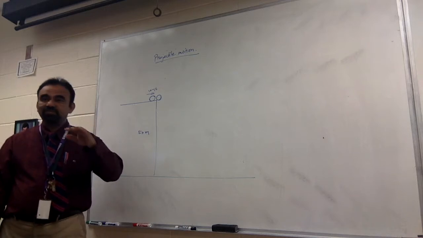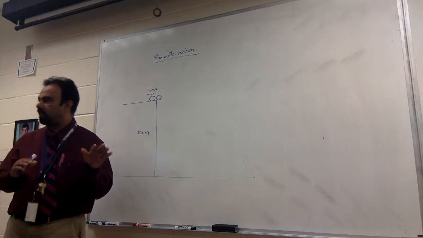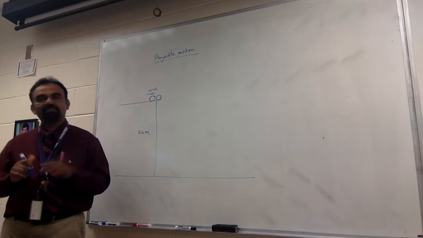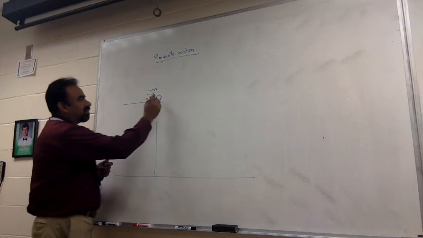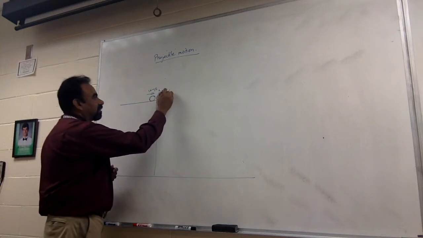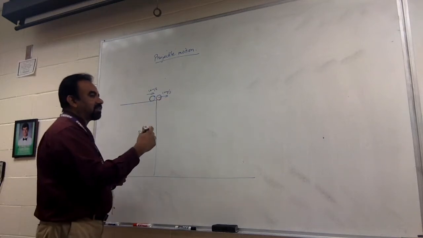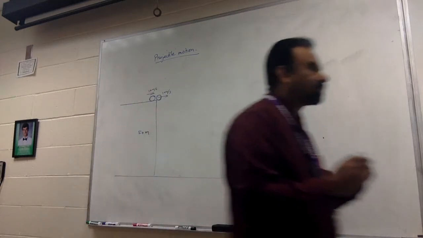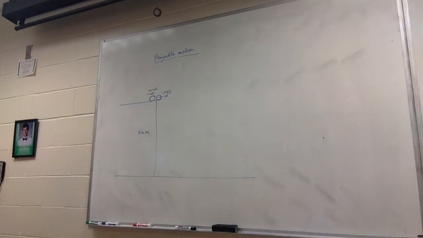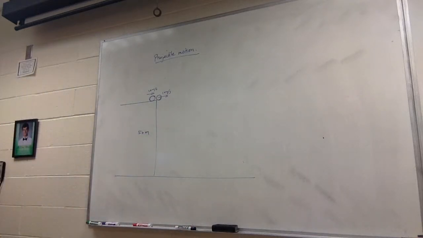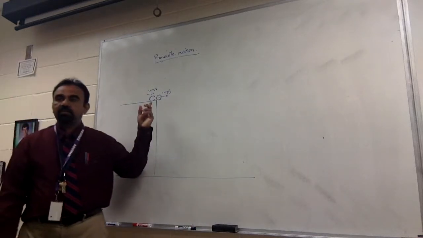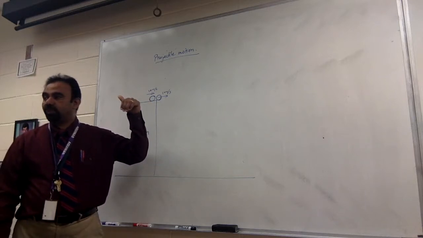And the initial horizontal velocity is 10. You get it? So that's how it starts off. So horizontal velocity is 10 meters per second, but vertically it is not moving.